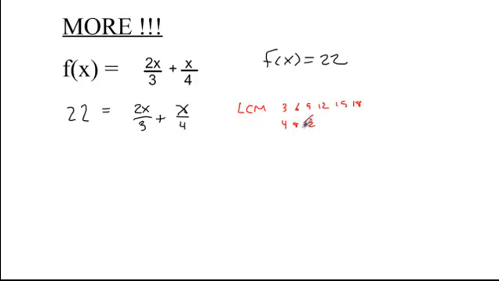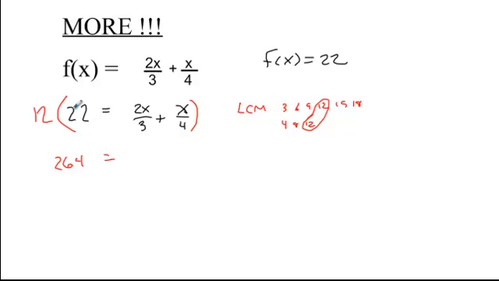We see that 12 is the least common multiple, so we are going to multiply 12 through the entire equation. So we multiply 12 times 22 and we get 264.